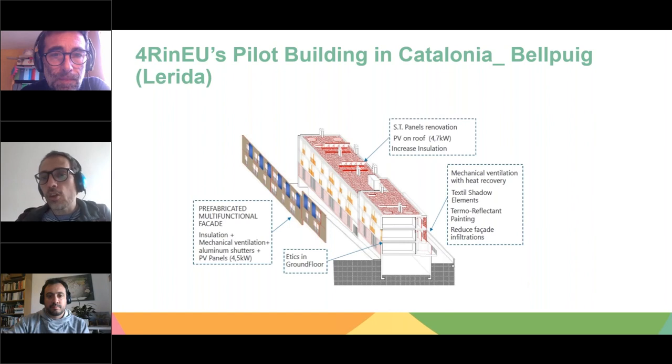Because all the old regulations were not at the same level in terms of ventilation, heating demand, cooling demand, and so on. So this is the general idea of these three projects.